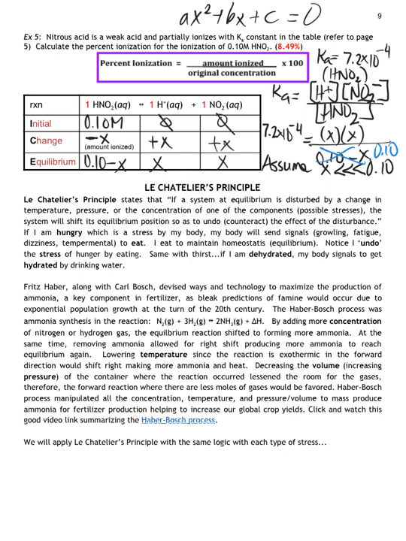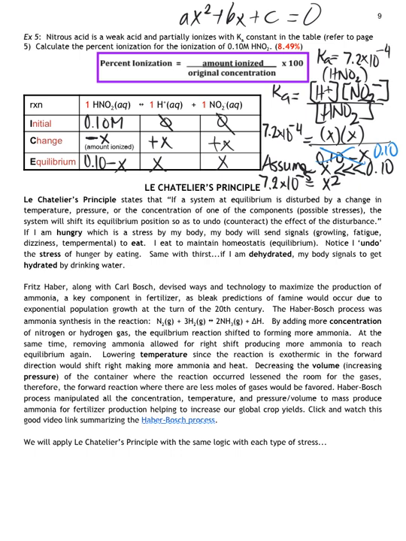Now with that, we can solve for x with a lot more ease. In other words, we're left with x squared, and then if I multiply the 0.1 over to the 7.2 times 10 to the negative fourth, I'm going to get 7.2 times 10 to the negative fifth when I multiply that over.